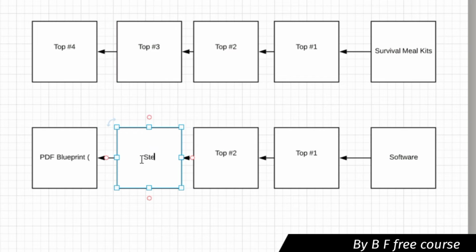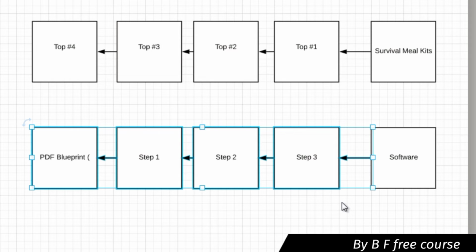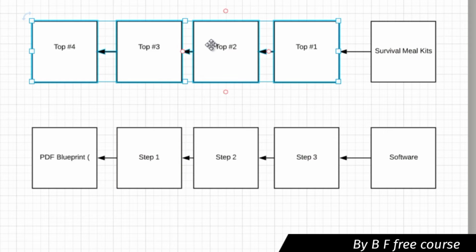So we'll say step 1, step 2, and then step 3. What you're doing here is showing that they need all of these emails in order to create a complete system. If you give everything up front in the first email, they're not going to have a reason to stay, right? So you want to make sure that this is a complete system.